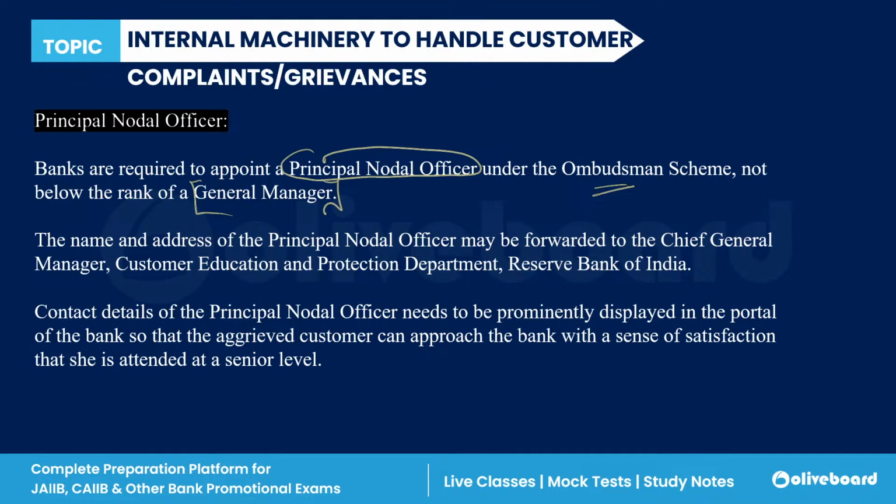Contact details of the principal nodal officer need to be prominently displayed on the portal. Why should it be displayed? So that a customer who is aggrieved and not satisfied with the bank's services can approach with the sense of satisfaction that she is attended to at a senior level, because the post of principal nodal officer is equivalent to that of the general manager. Clear? Everyone, clear?